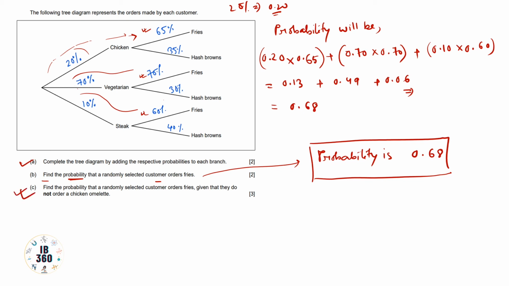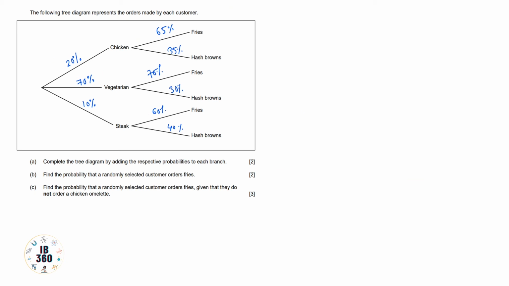Here some calculation will be there, and something that you need to consider: find the probability that a randomly selected customer orders fries given that they do not order a chicken omelette.